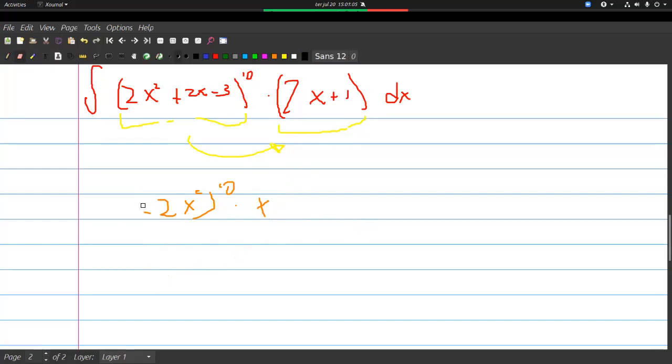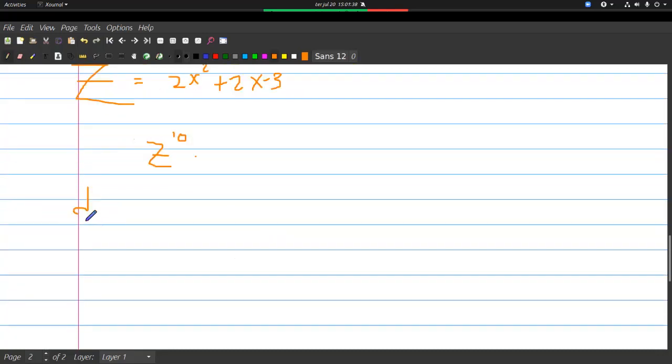So, continuing. We are wisely going to choose our substitution. I used u, but it could be any letter, let's say z. z is going to be 2x squared plus 2x minus 3. And so it's going to be z to the 10th power times the derivative of z in relation to x.